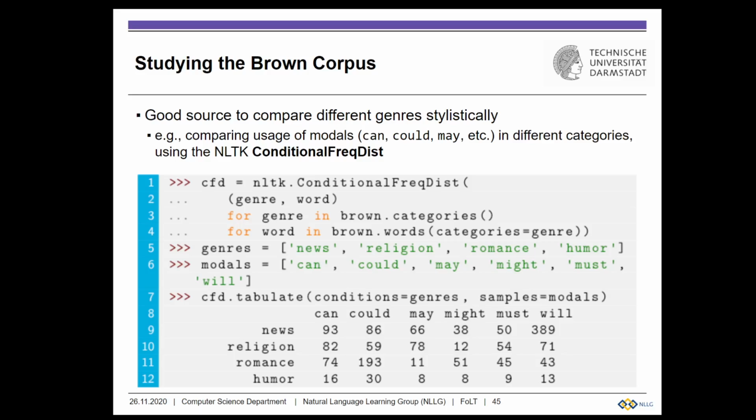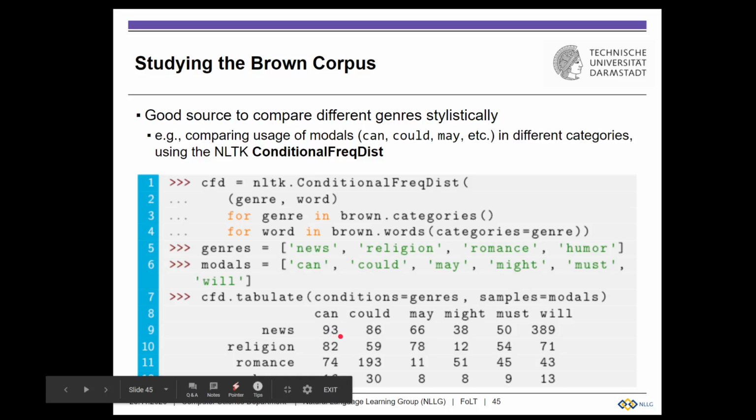So what would be more interesting to check is either you normalize those numbers, so you divide by the total occurrence, the size of the corpus, let's say, or you just look at where the maximum is. In news, we have the maximum at will. In religion, we have the maximum at can.